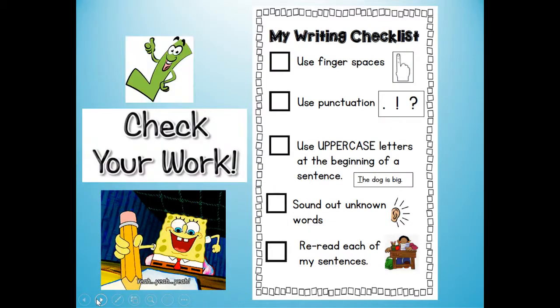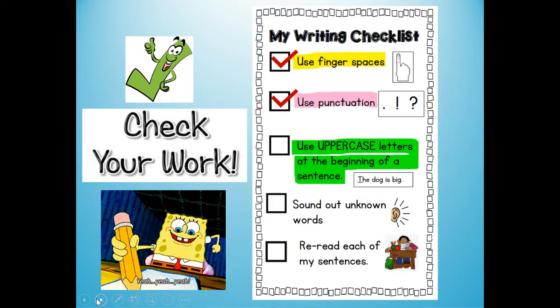Now it's time to check your work or your writing. Remember that writing checklist? Did you use your finger spaces between your words? Did you use punctuation? Did you have a period at the end of each of your sentences? Did you use an uppercase or capital letter at the beginning of each of your sentences?